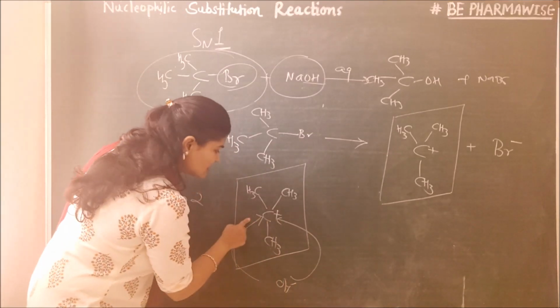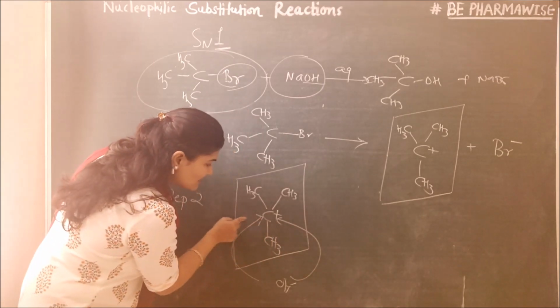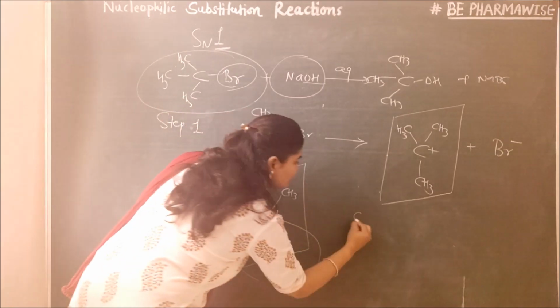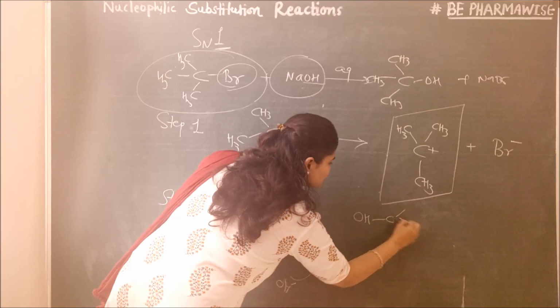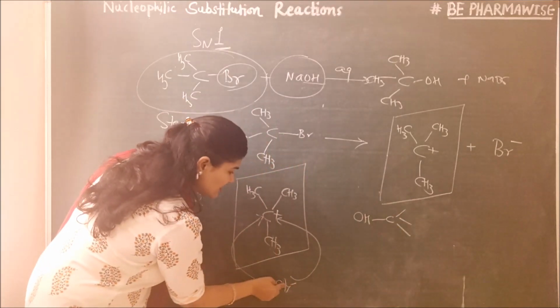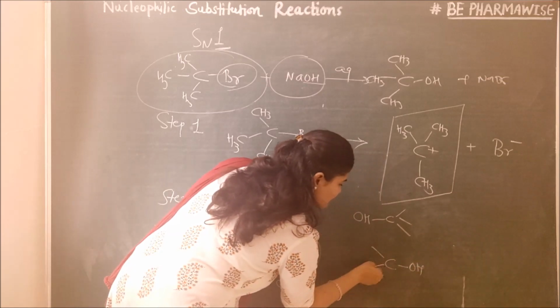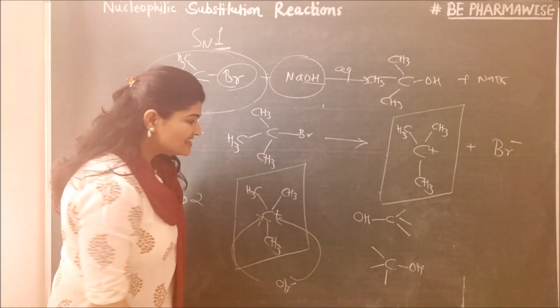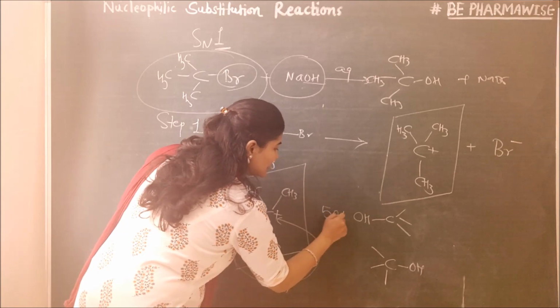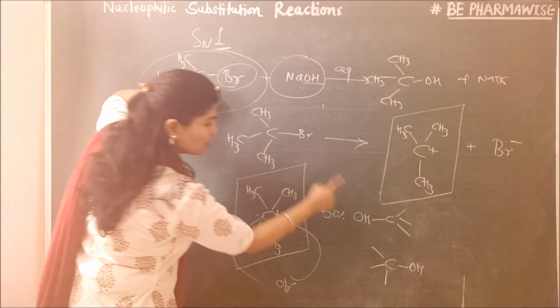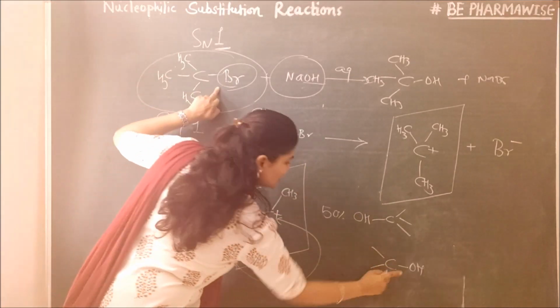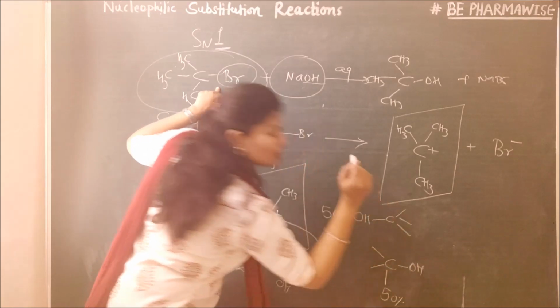If it attacks from this side, what will happen? OH will be attached here and you will get this molecule. And if it attaches on the right hand side, you will get this molecule with OH and the 3 methyl groups. So you can see there is 50% inversion of configuration and 50% retention of configuration.